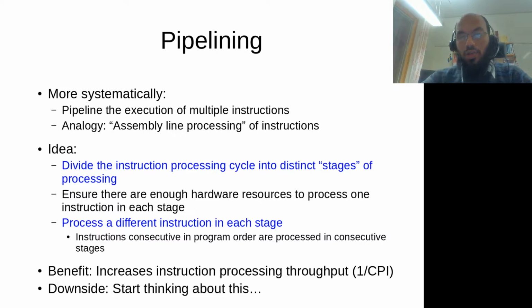And this is the whole idea of pipelining. Pipelining is a way to increase the concurrency of your processor by running 5 or 6 different parts of different instructions at the same time and executing them in parallel. It's just like what happens in assembly line processing.